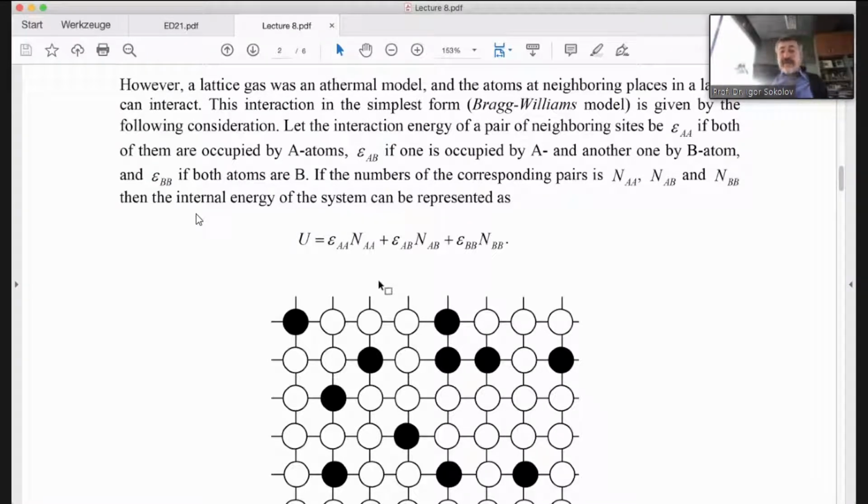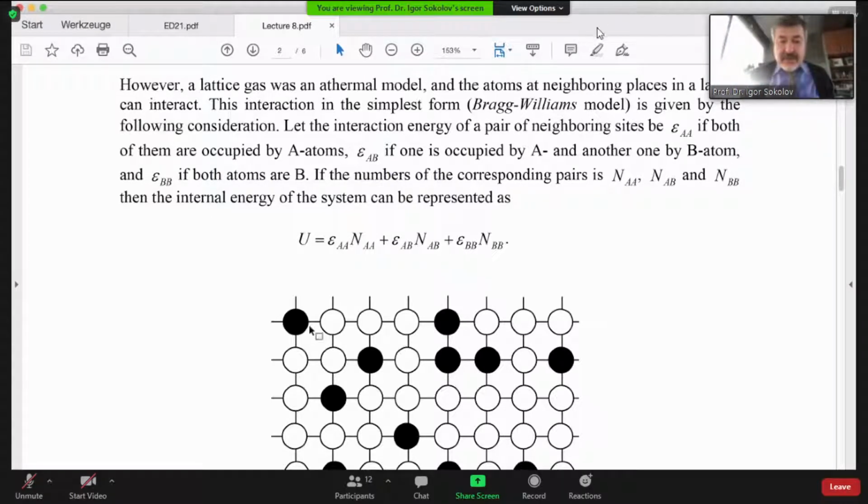And then we can easily calculate the internal energy in this system, which does now depend on the configuration of the atoms in your system. The interaction here is always pairwise. The atoms interact with each other, namely here with the neighbors. And essentially in this model there are three different local interaction energies.